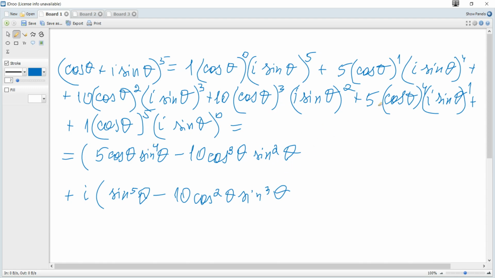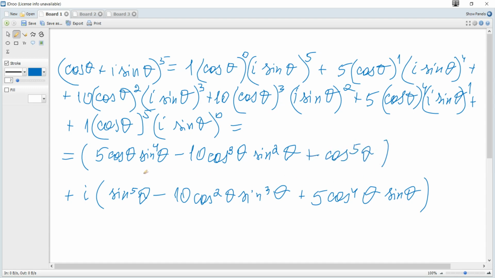Here it's sin cubed, and this one is plus i, so plus 5 cos^4 θ sin θ, and finally cos^5 θ.